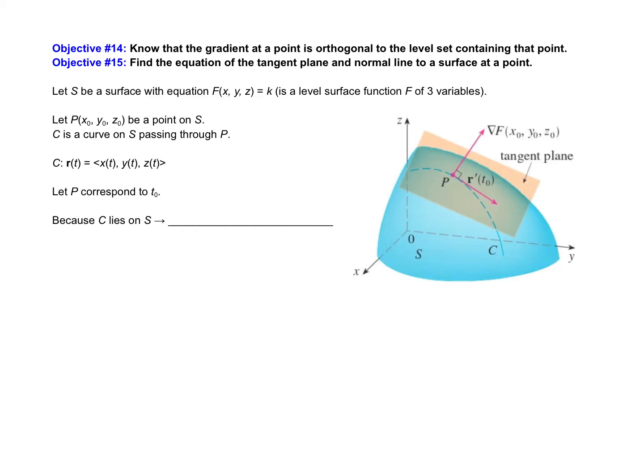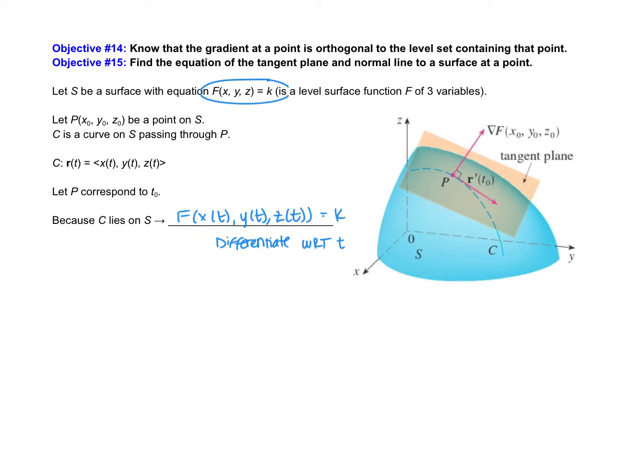Then, because C lies on S, we can rewrite this level set as f of x of t, y of t, z of t is equal to some value k. Then we're going to differentiate with respect to t.